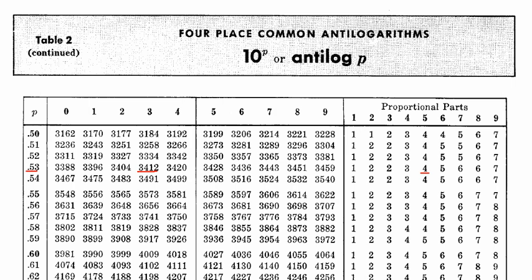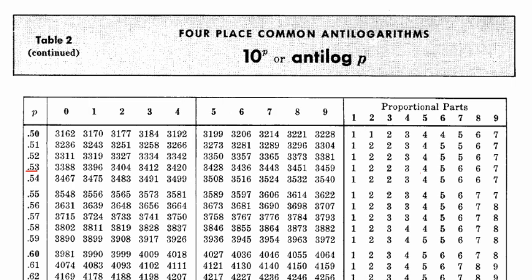Okay, 5353 is correct. So we are not checking it under 3 and difference 5. We'll check it under 5. Yes, 5353.